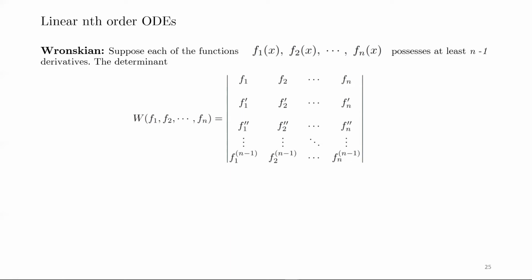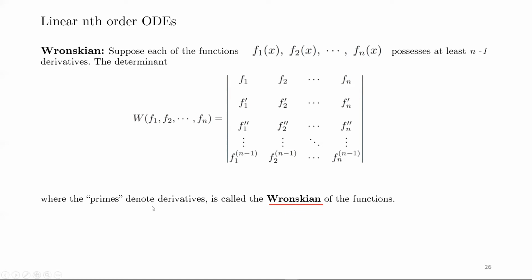So we form that matrix, and these vertical lines, if you recall, in matrix algebra, represent the determinant of that matrix. Again, these primes denote the derivatives, as we reminded each other of in the first week of class. And so this determinant is called the Wronskian of this set of functions.